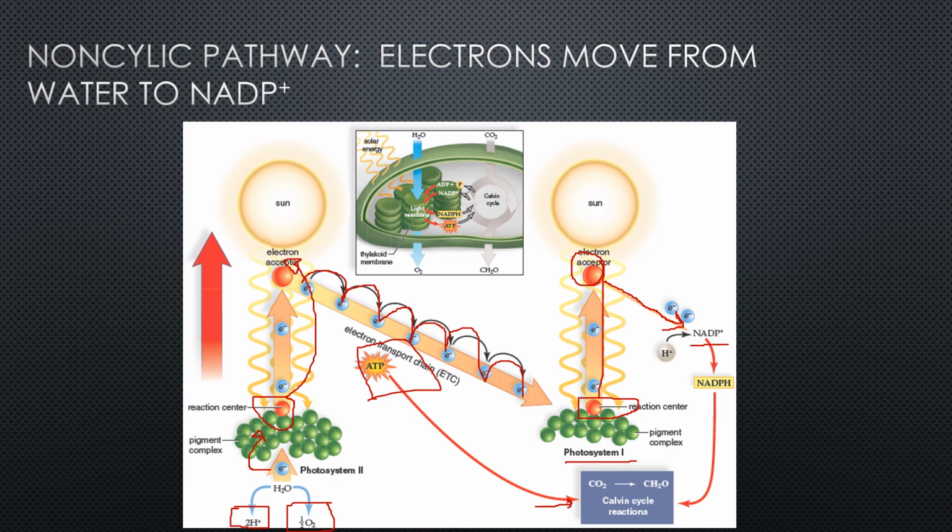NADP+ can actually absorb 2 electrons, along with hydrogen ions. So if you'll remember, when we accept hydrogen ions and accept electrons, we are reducing. So this is a reduction reaction. We have reduced NADP+ to NADPH.